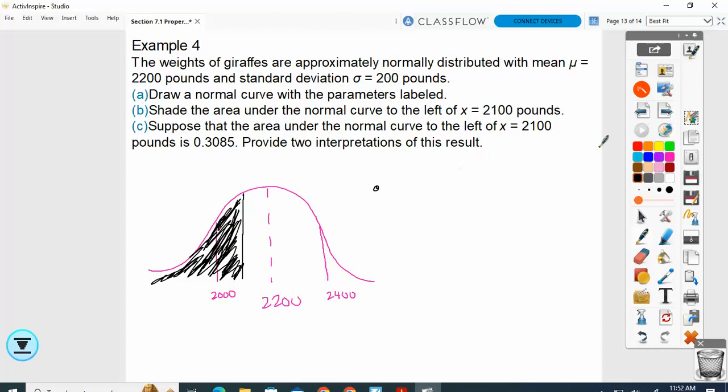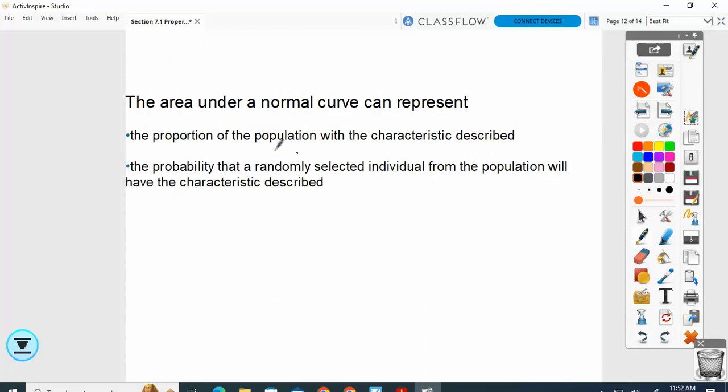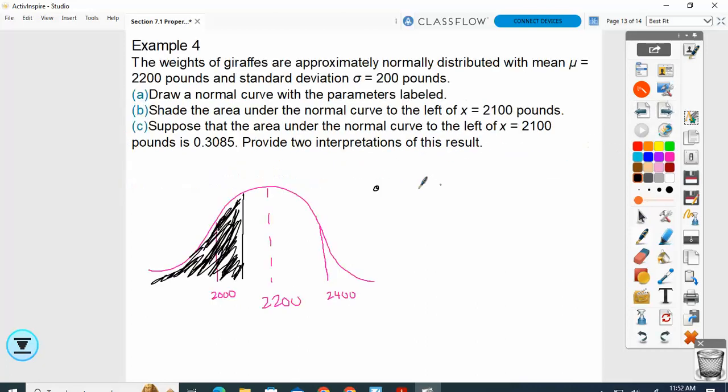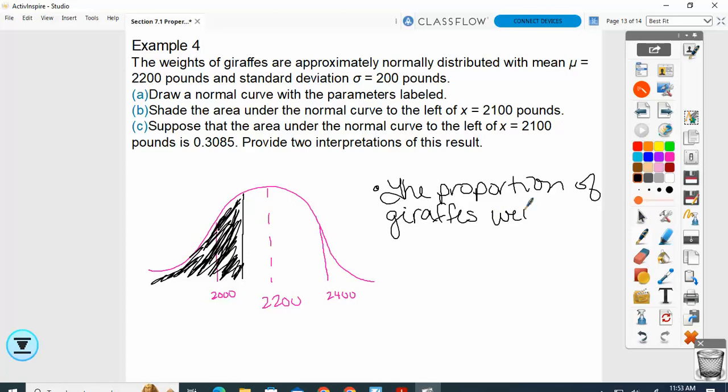So one of them is to think of it as a proportion with that characteristic. So the proportion of giraffes weighing, this would be 2,100 pounds or less, right?